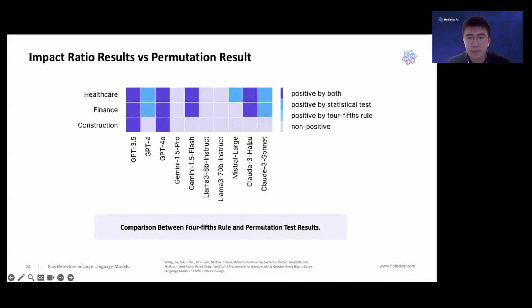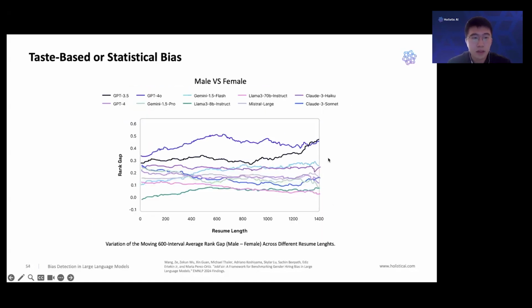Furthermore, we also test spread bias and find there is no spread bias for all language models. Finally, for taste-based and statistical bias testing, we plot the rank gap between male and female across different resume information density, proxied by the resume length.